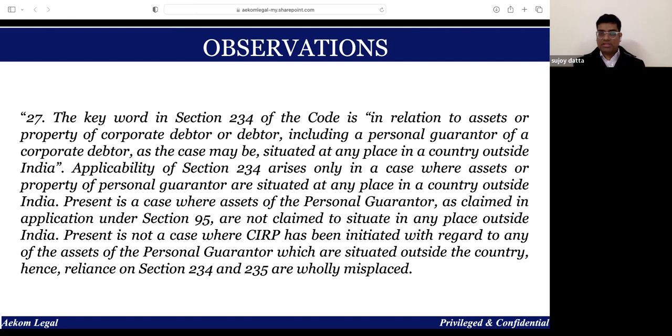Not only that, even the IBC is applicable if the person's assets are situated in India. Only when the person's assets are situated abroad, in order to exercise jurisdiction with respect to those foreign assets, you would have to enter into an agreement with that foreign jurisdiction. But otherwise, you're very much entitled to file an IBC petition and the IBC provisions will be applicable.